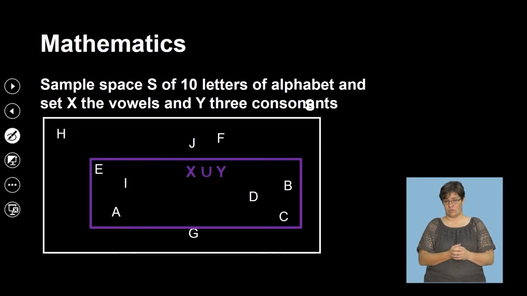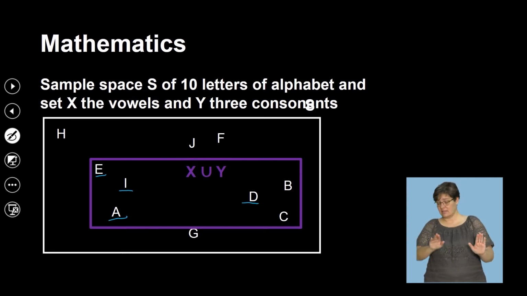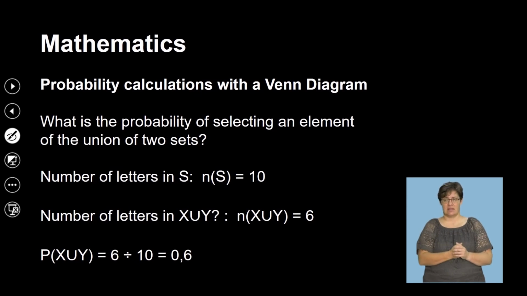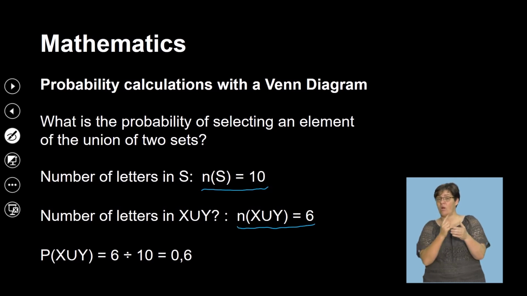So, if you look here, you will see that we have 3 elements that were part of X, and we've got 3 elements that were part of Y. So in total, we've got 6 elements that belong to the union of X, Y. So remember this, the English word that we need to be saying is, we're wanting to calculate the probability of an element being in X or in Y. The number in the sample space is 10, but the number in the union is only 6.